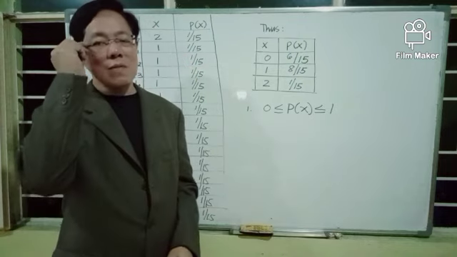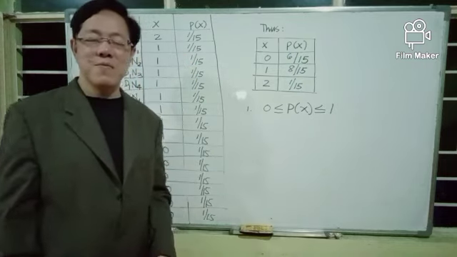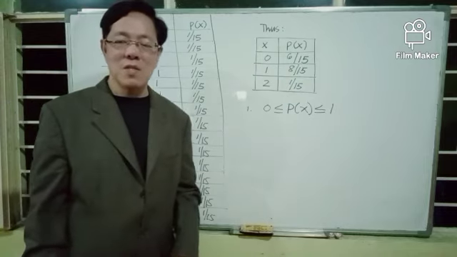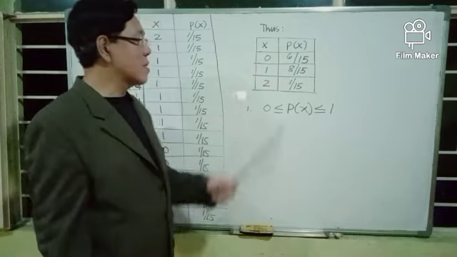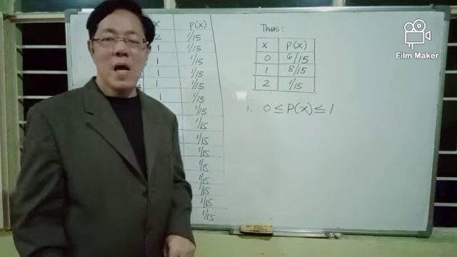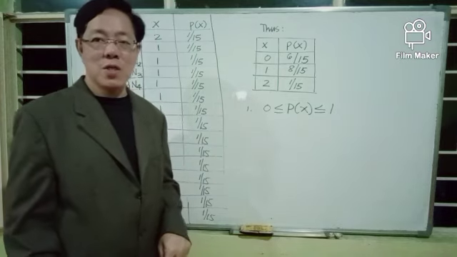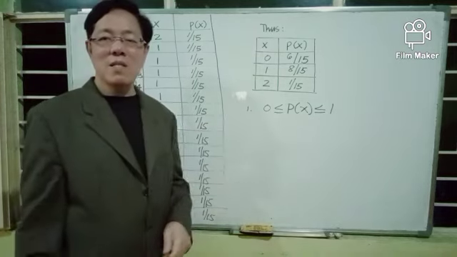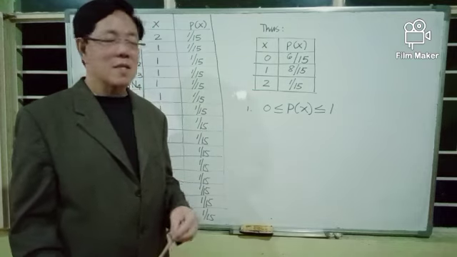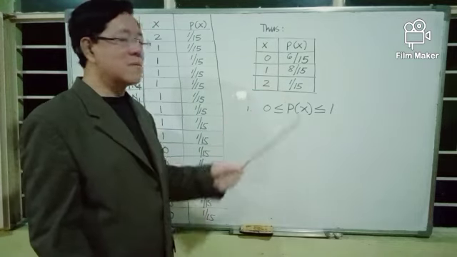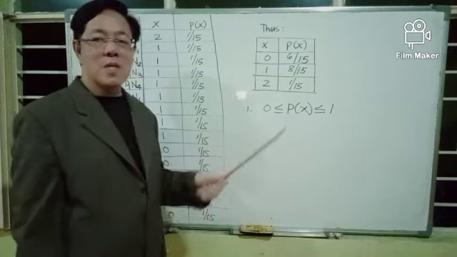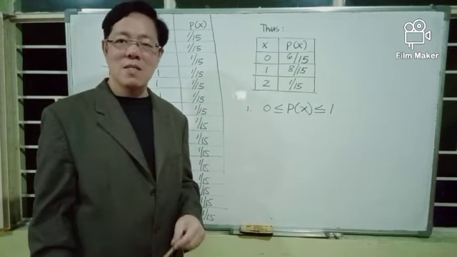The second property of a probability distribution, which is also a way of checking whether you have the correct probability distribution for the given discrete random variable x, is that the sum of the probabilities corresponding to the values of the discrete random variable x is 1.